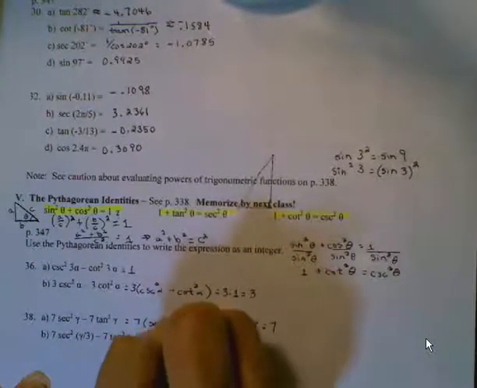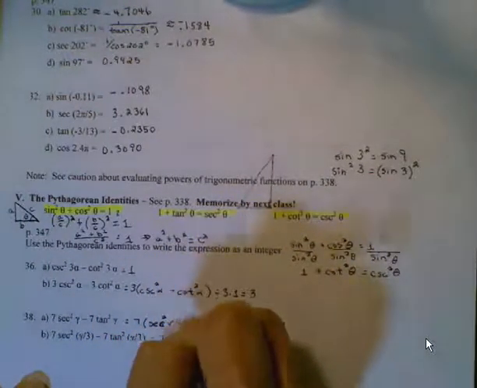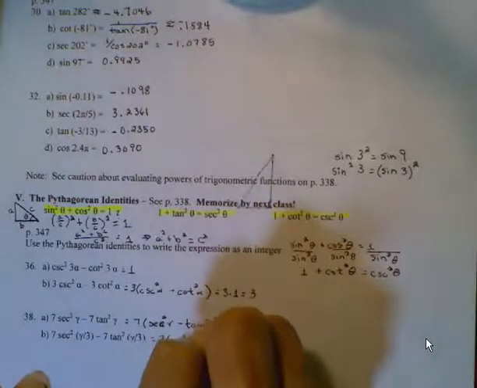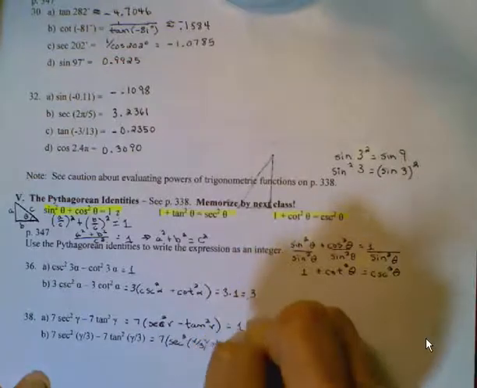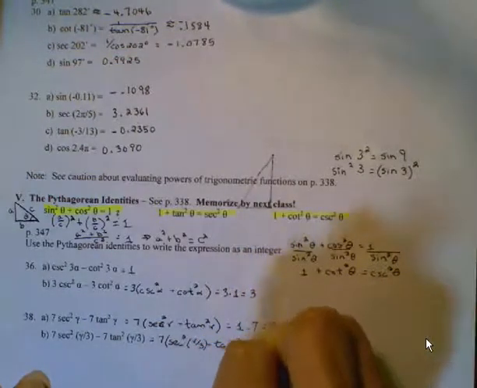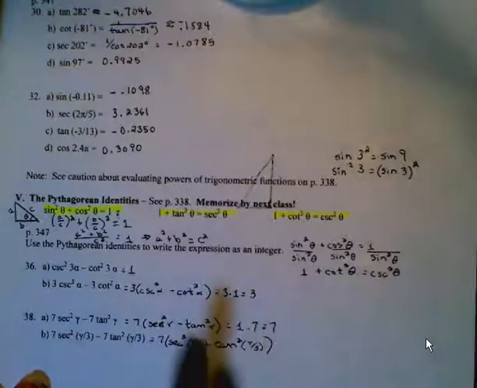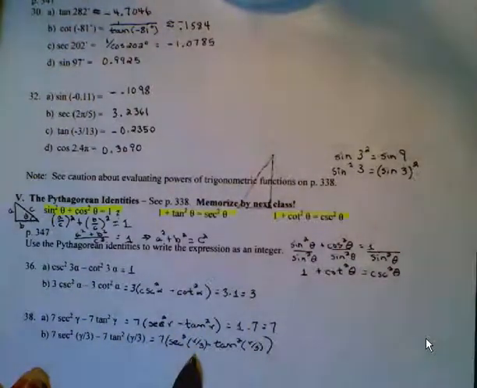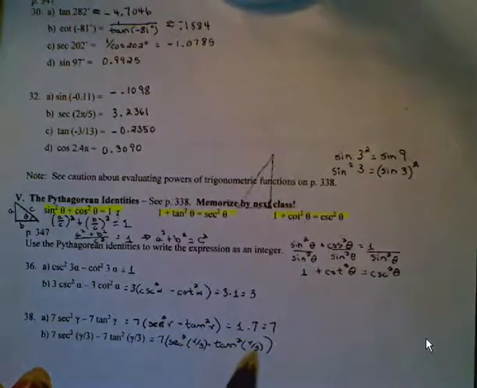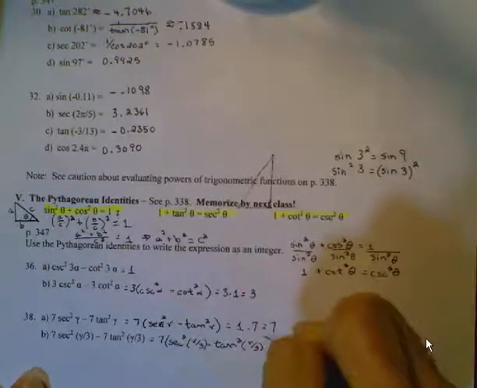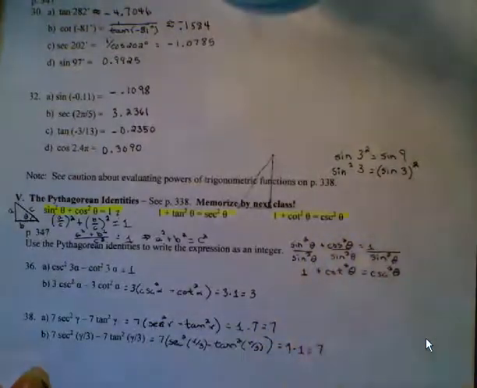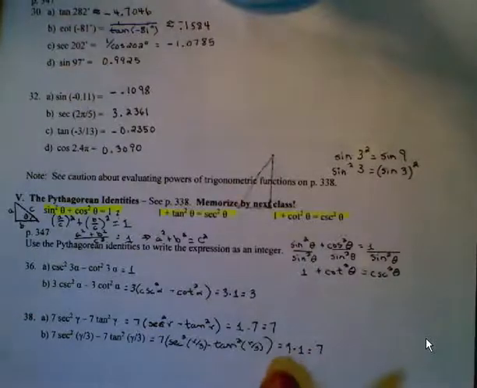So if I factored out a 7 from both coefficients, I would have secant squared gamma over 3 minus tangent squared gamma over 3, and the value of secant squared minus tangent squared is just 1. So that original expression is also 7 times 1, or just 7.